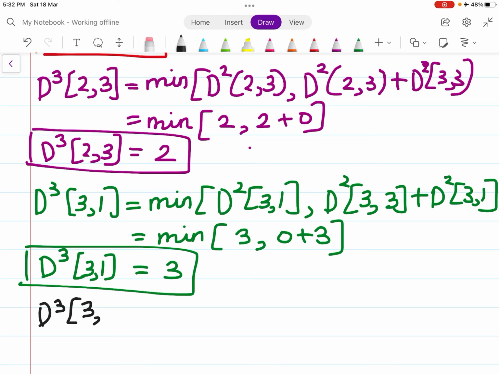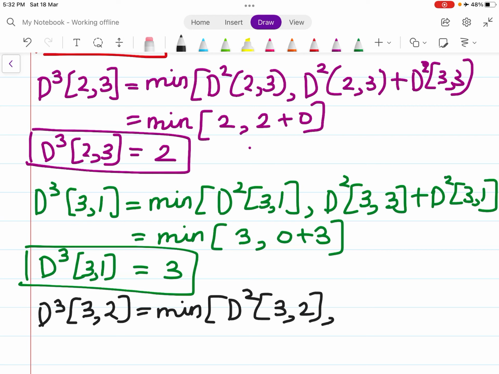D3 3 comma 2 is equal to minimum of D2 3 comma 2, comma D2 3 comma 3 plus D2 3 comma 2.